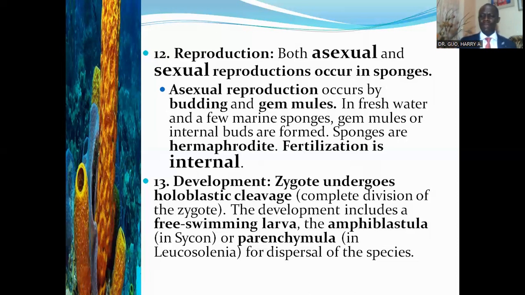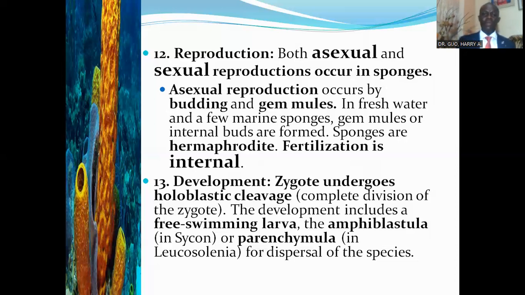The development includes a free-swimming larva, the amphiblastula or parenchymula, for the dispersal of species.